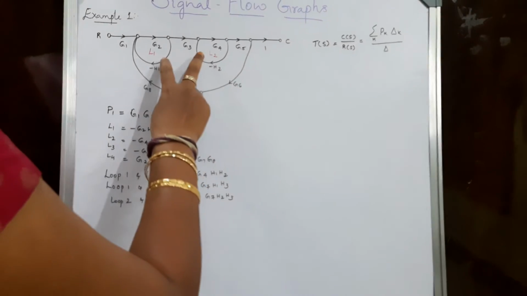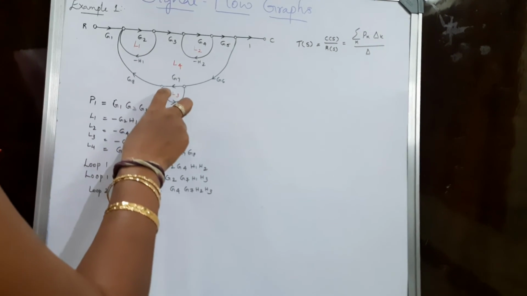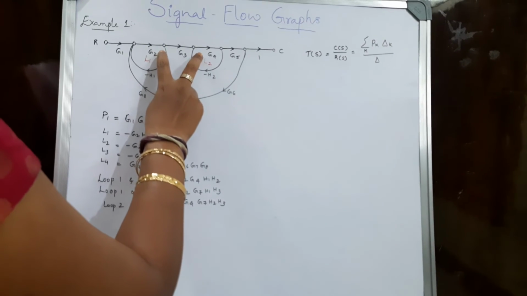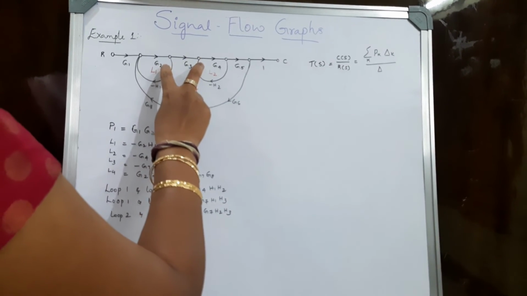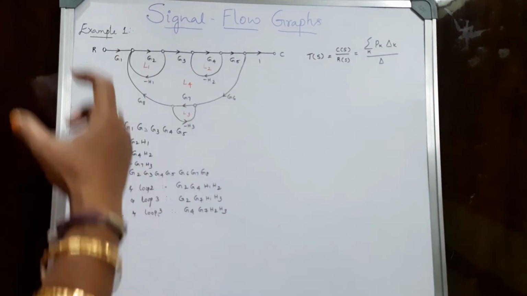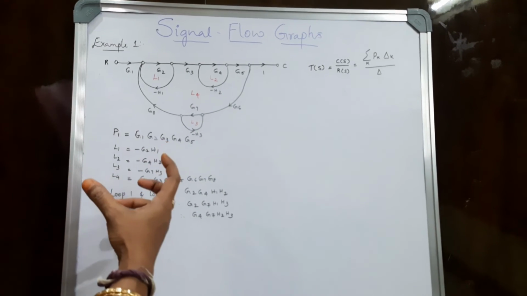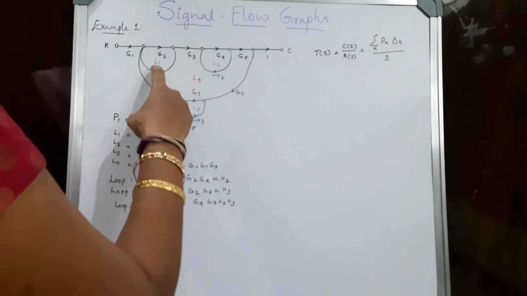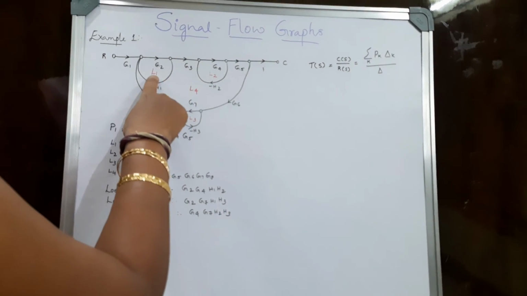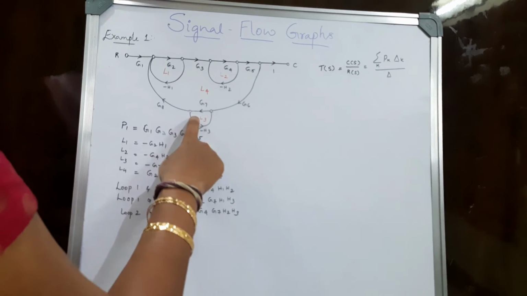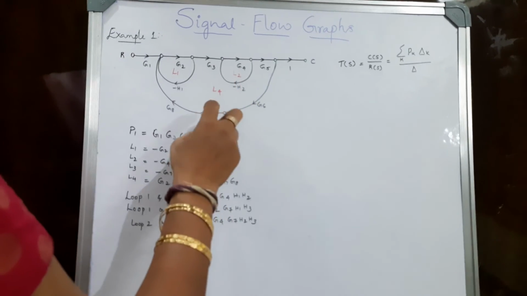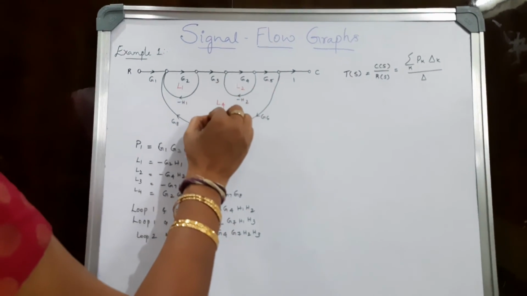Now it does not stop here. It is a combination of non-touching loops, 2 loops at a time. But according to our delta, it continues with non-touching loops taken 3, 4 and so on. We need to see whether there is any combination of loops which are non-touching to each other taken 3 loops at a time. So obviously here I take L1, L2, L3. You see here this is one combination of loops which are not touching to each other, meaning they are not sharing a common node.